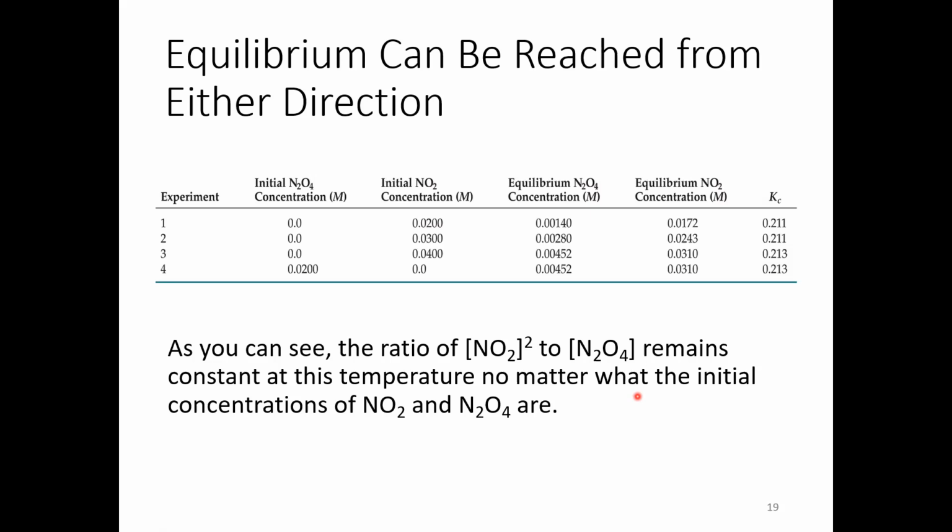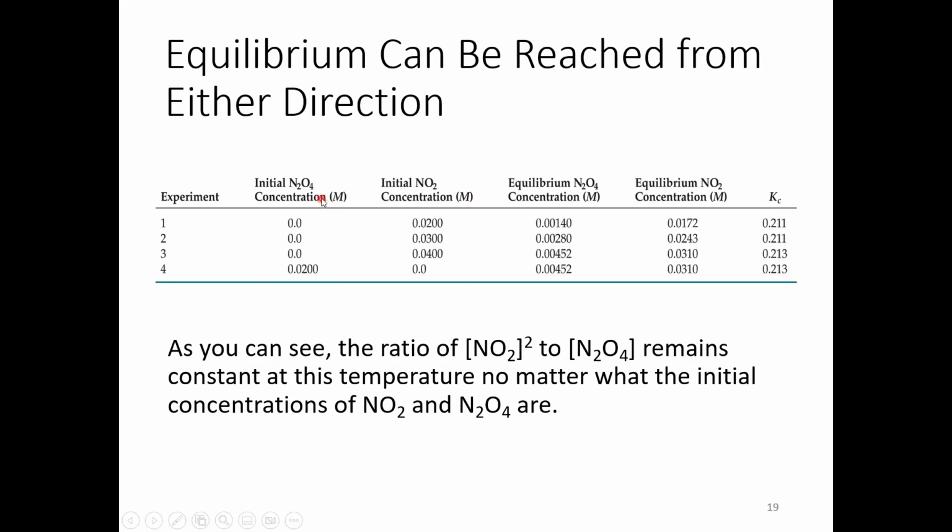So when we look at the table here, what it's showing us is that equilibrium can kind of be reached in either way. So we can have a lot of one of these substances, a little of the other, or vice versa. And then no matter what, we're going to have equal, or essentially equal, values for the equilibrium constant.